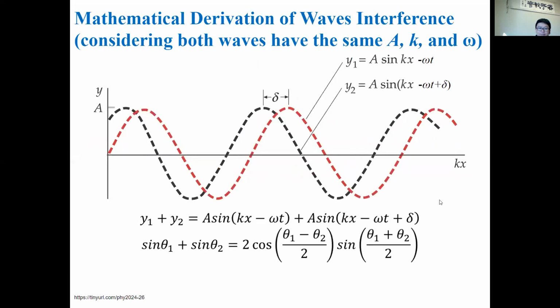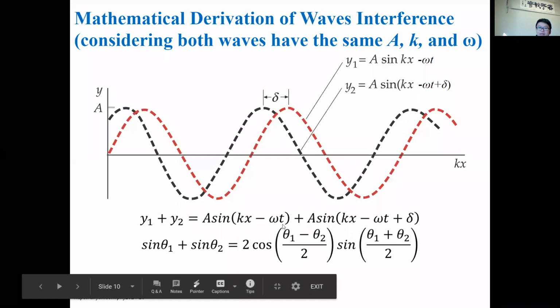Now mathematically, y1 stands for wave 1, y2 is wave 2. So y1 is a function of position and also time t. Now y2 slightly differs by a phase difference of delta, where delta is small. Then y1 plus y2, you can add them up algebraically.